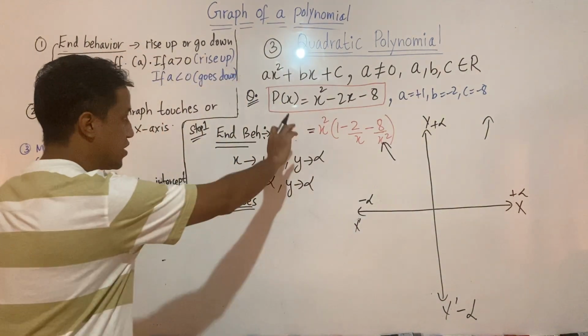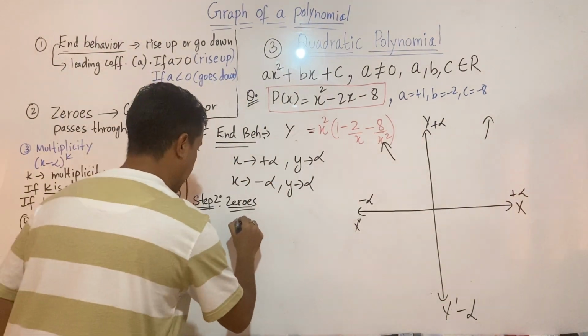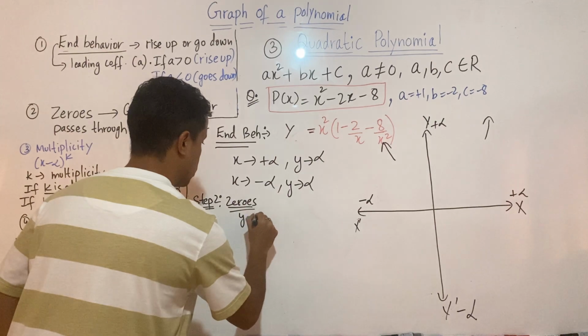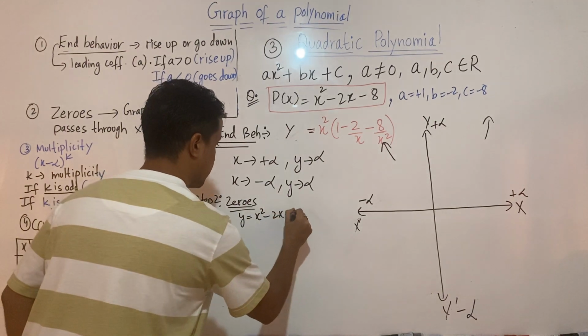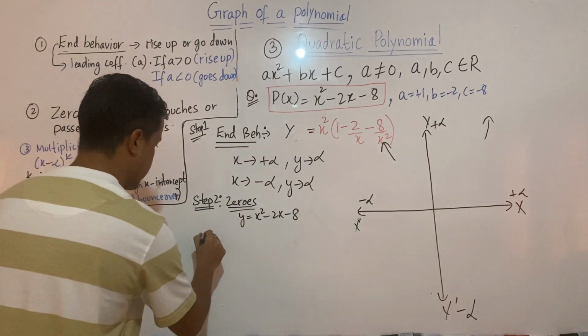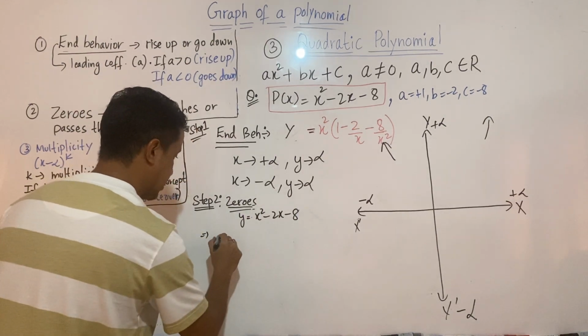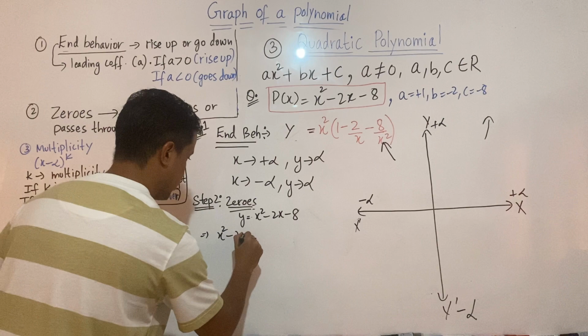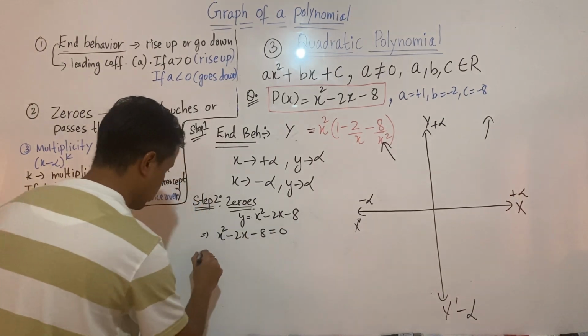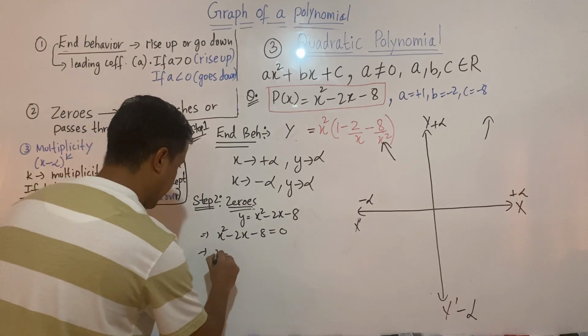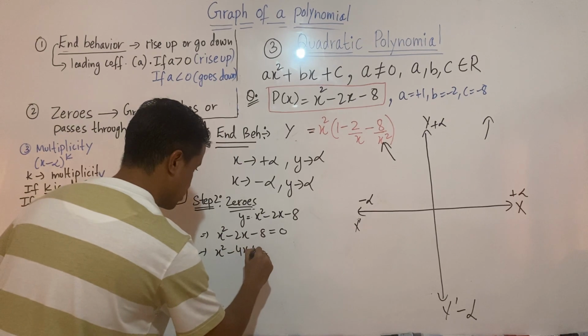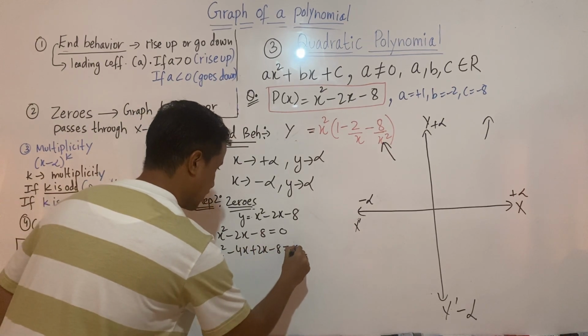Okay, so here, for example, this is y equal to x squared minus 2x minus 8. Okay, so if I have to find zeros, it means this whole equation is going to be 0. So here, splitting the middle term, x squared minus 4x plus 2x minus 8 equals 0.